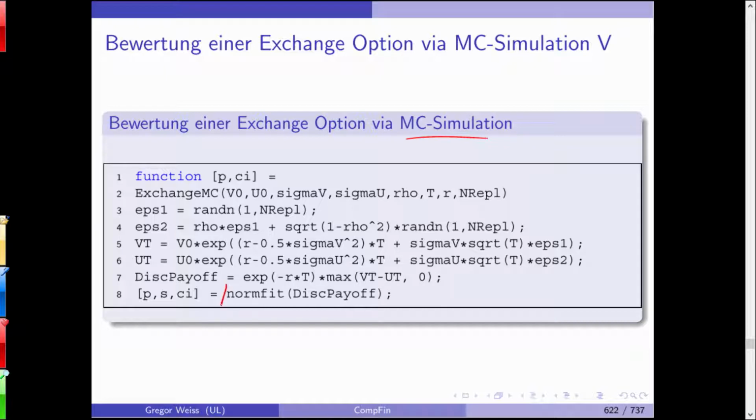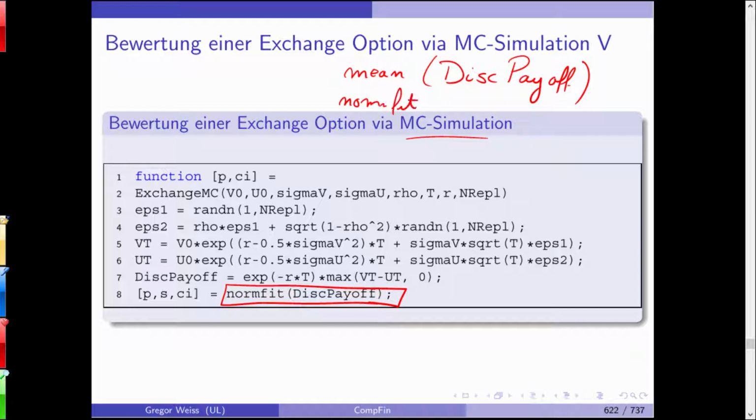Just one slight comment here. In the end, I'm not calculating the mean of the discounted payoff, but I'm doing norm fit. I'm fitting a normal distribution to the discounted payoffs.